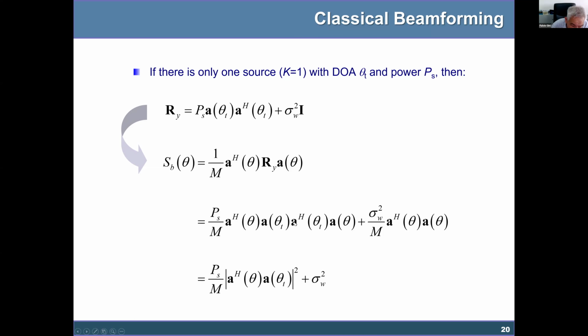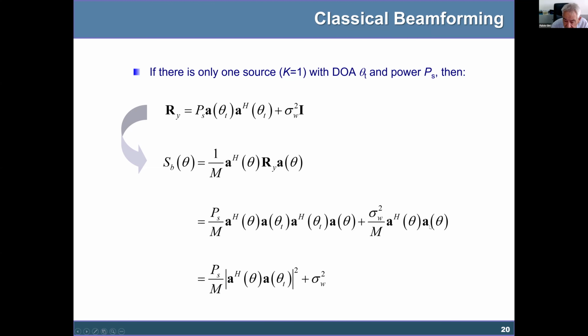So we make the replacement. The product of these two terms is equal to the conjugate of these other two terms. So the first term can be written as the modulo square of A Hermitian of theta, A of theta target.